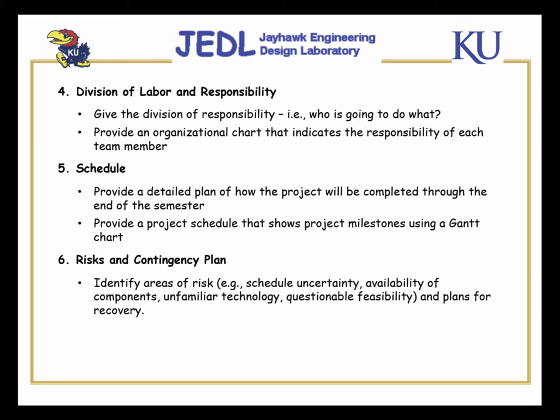And what are you going to do if that person isn't there when they need to be there? That kind of thing. So if there's technology risk, highlight those. The company wants to know what are the issues that are likely to mess this thing up. That's kind of what it amounts to.